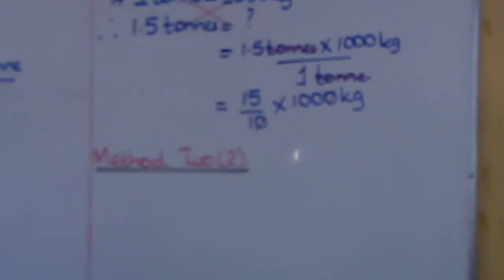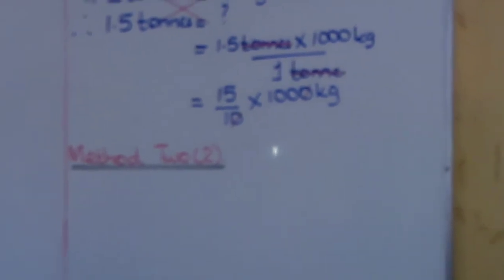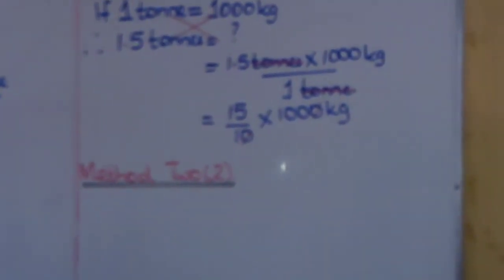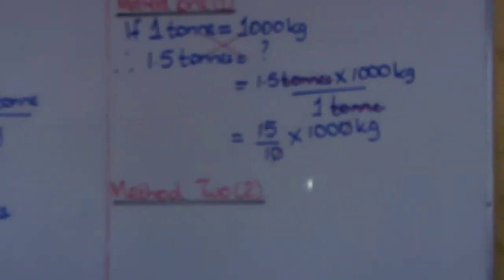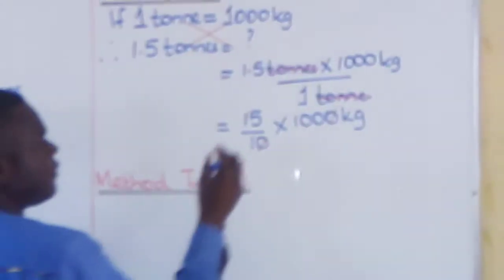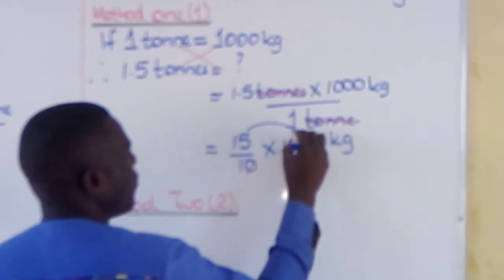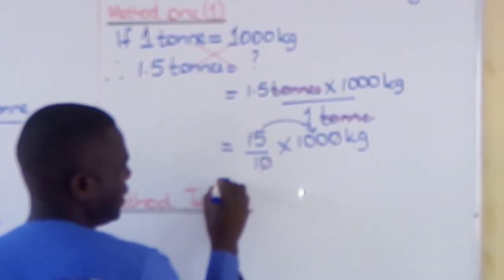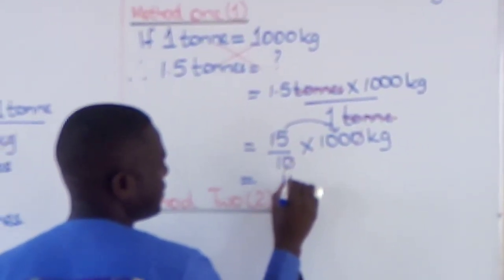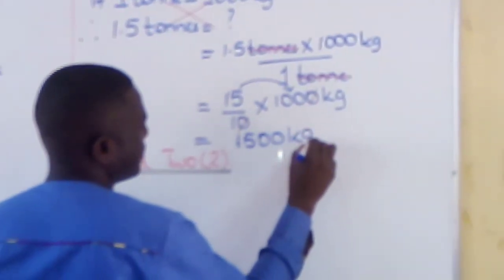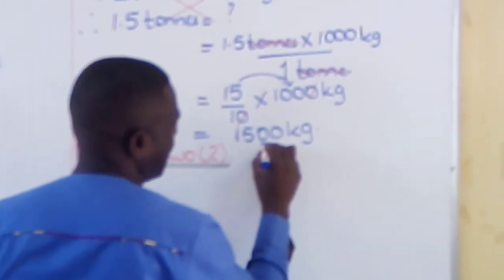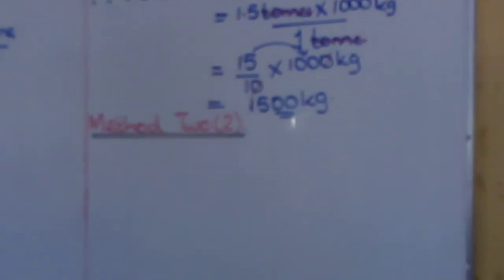What do we have here, boys and girls? We have 15 multiplied by 100 kilograms. That's what we have. And so 15 multiplied by 100 kilograms will give us 1,500 kilograms. And that is our answer in method 1.